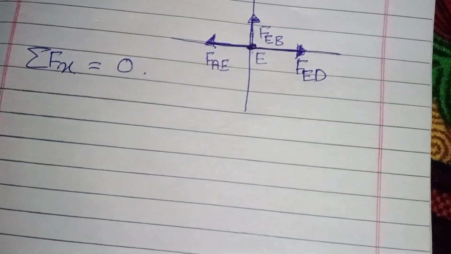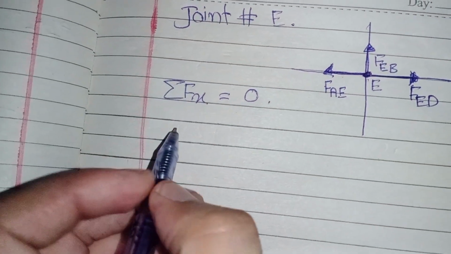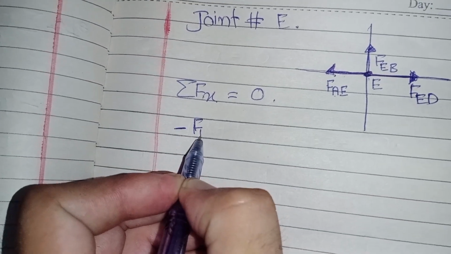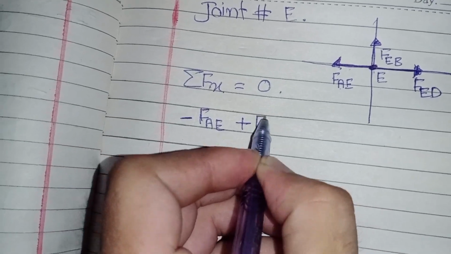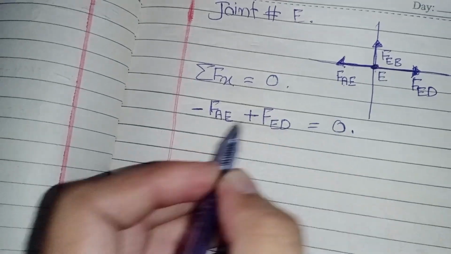Okay, now negative F_AE plus F_ED equal to 0.